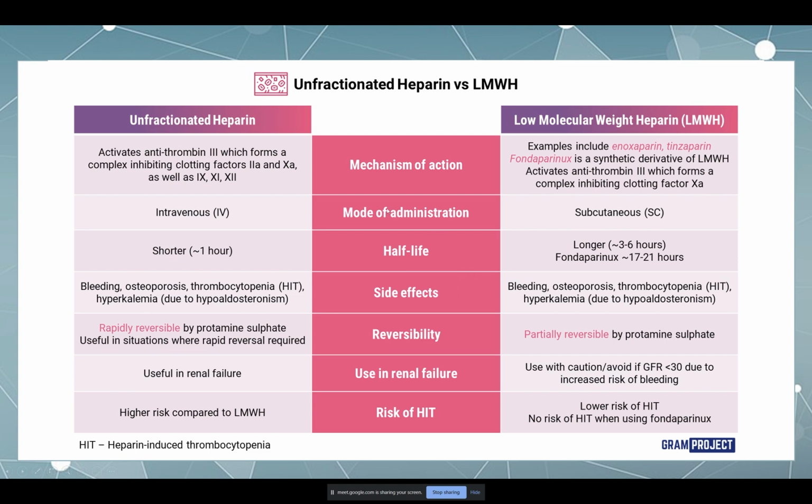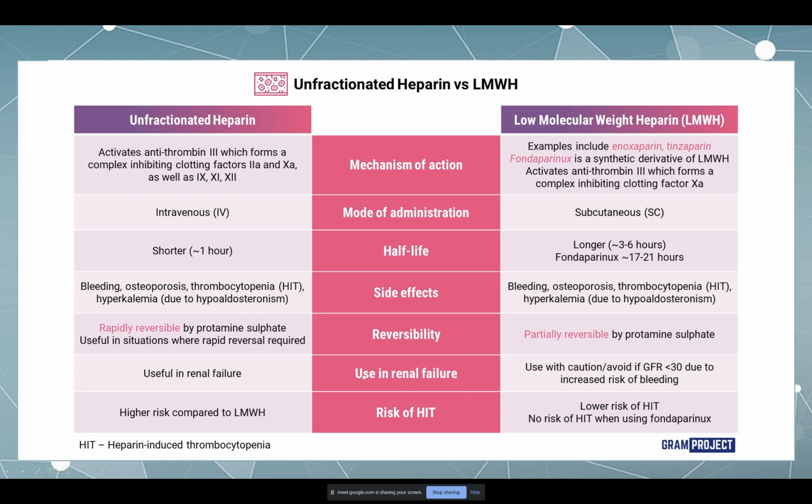So basically, the mode is different. One is IV, another one is subcutaneous, and the half-life is different. Side effects are the same for both. The antidote: protamine sulfate can fully reverse the unfractionated heparin, but only partially reverse the low molecular weight heparin.